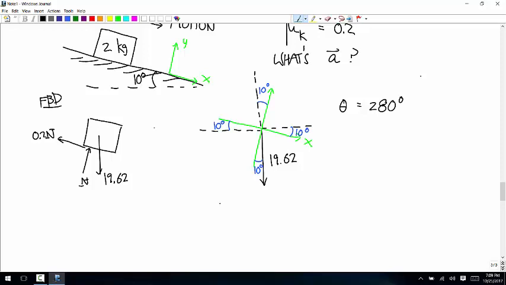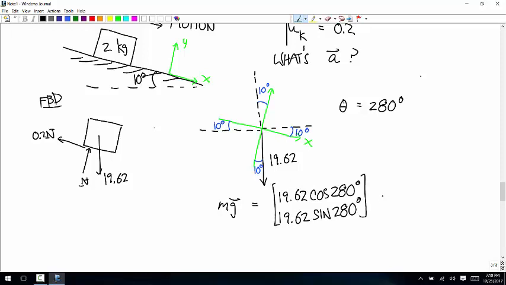And so that weight force is equal to 19.62 times cosine of 280, 19.62 times sine of 280. Can someone calculate those?